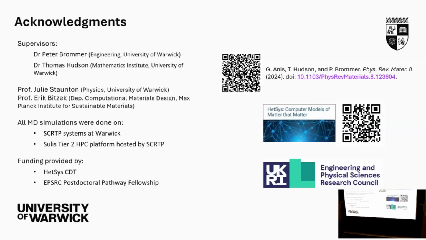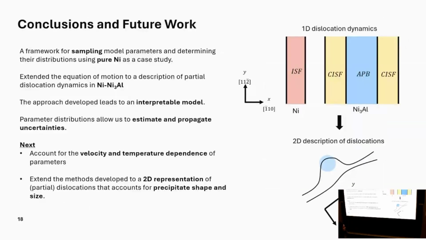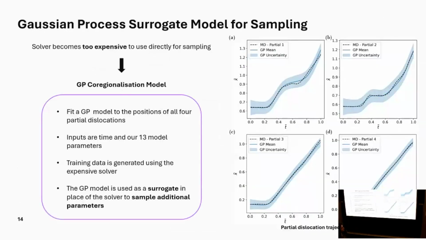I wanted to ask about when you do the Gaussian process to propagate your uncertainties, do you think your distribution of parameters that you're starting from is too narrow and that's why you're getting overconfident uncertainties, or do you think it's because of the GP?